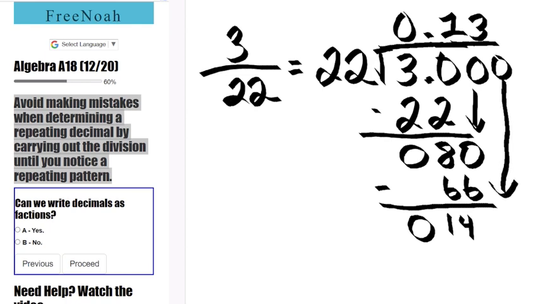All right, now we're going to place another 0 and drop down another 0. And we're going to see how many times does 22 go into 140. 22 goes into 140 6 times. 6 times 22, well, that'll give us 132.